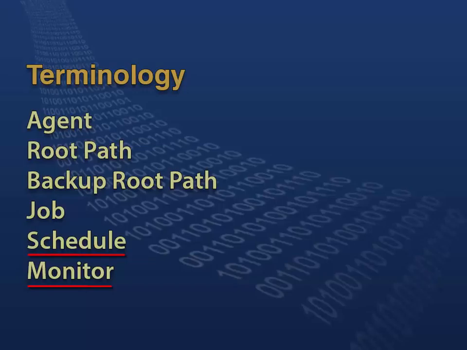This can be repeated multiple times during the day, or it can be scheduled per week, or whatever you really want to do. A monitor is a real-time monitor. It's a set of jobs that runs continuously so that as your files change, the changes are immediately replicated to your other locations.